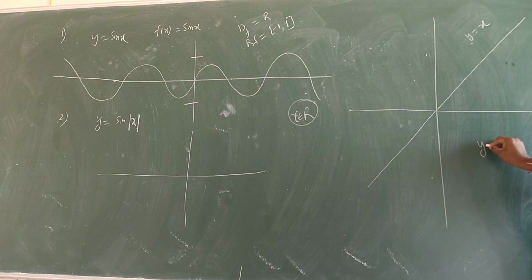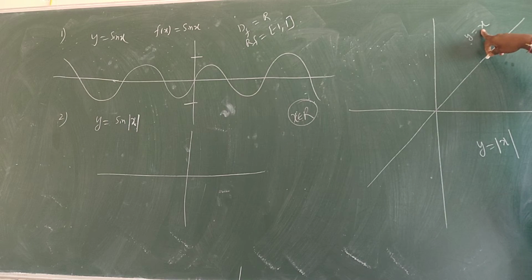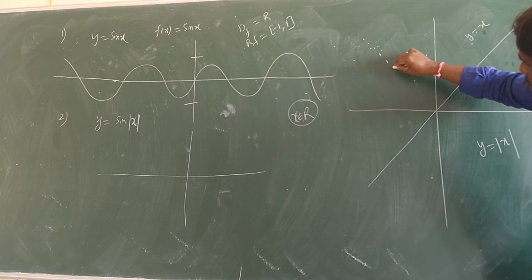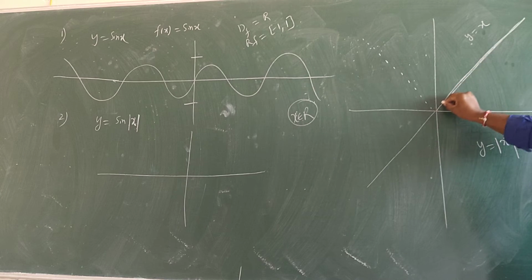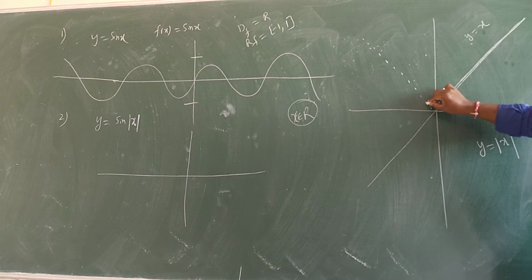But if I say y is equal to mod x, meaning I took mod of this x, then what is the graph of mod x? This part will be the same, and this you are going to get here.